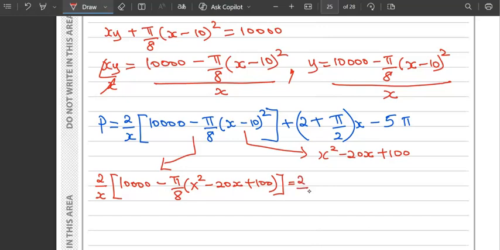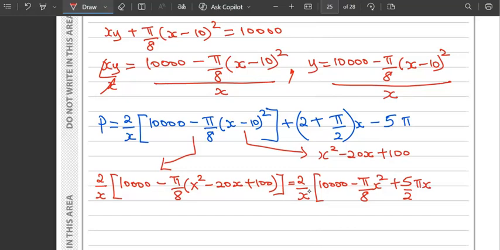So we'll have 2 over x, open the larger bracket, 10,000 minus this one will be pi over 8 x squared, and also negative pi over 8 times negative 20, which is negative 20 times negative 1 over 8, and this one will be positive 5 over 2 pi x, then negative pi over 8 multiplied by positive 100.